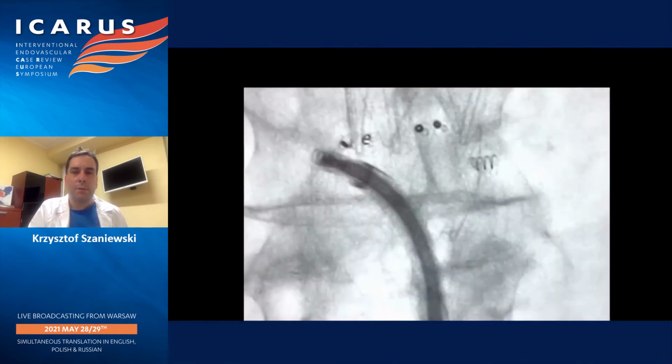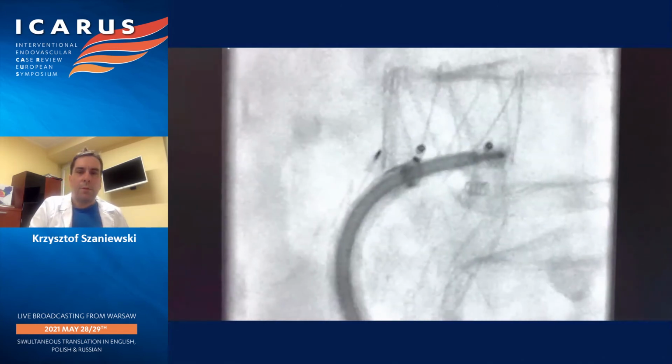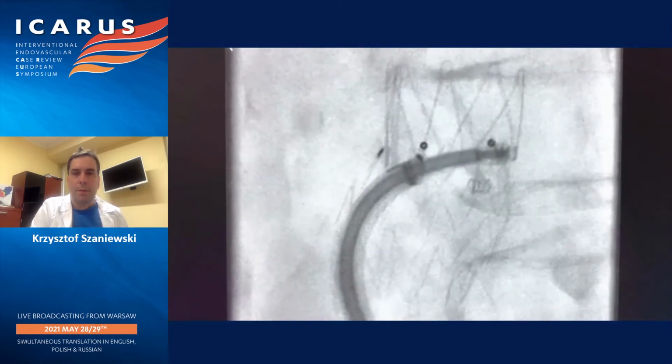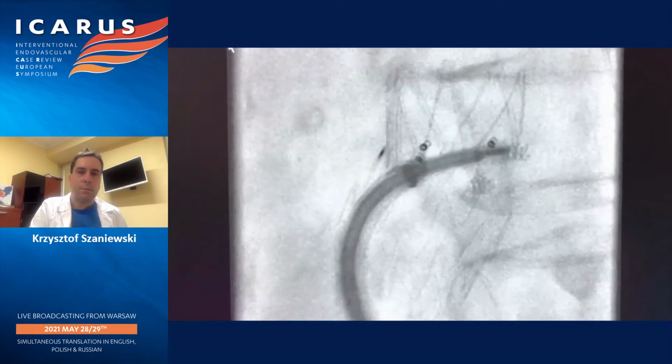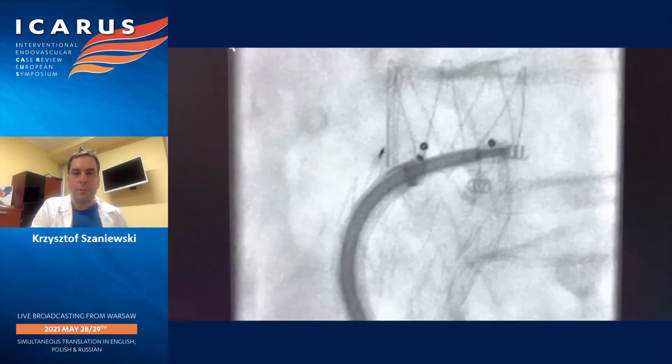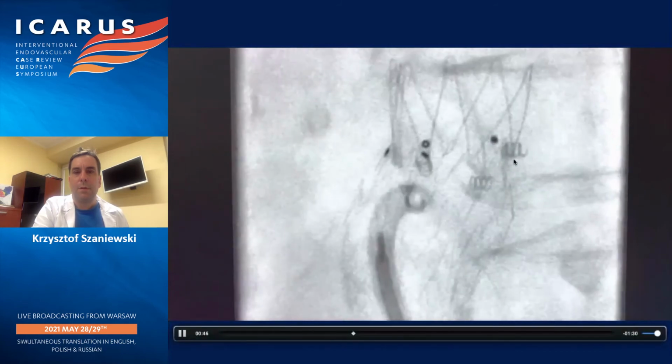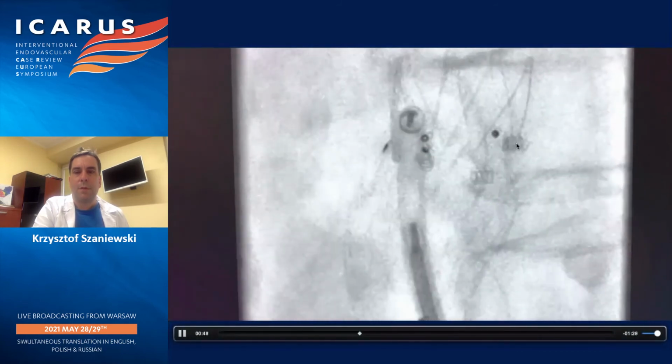After that, we change the angle, and then we implant other staples on the opposite side also. You can see it now. You have the first implanted here and here. Then now we have right anterior oblique.